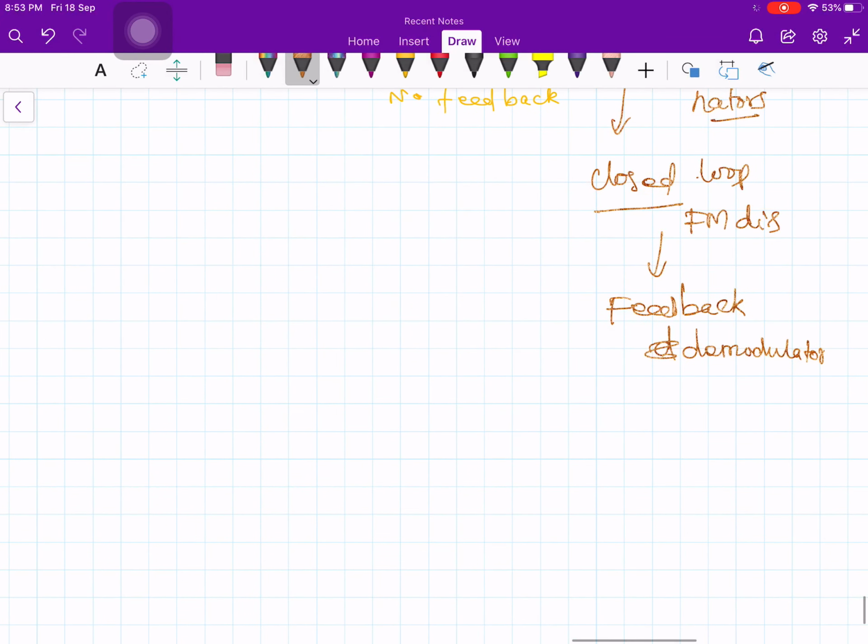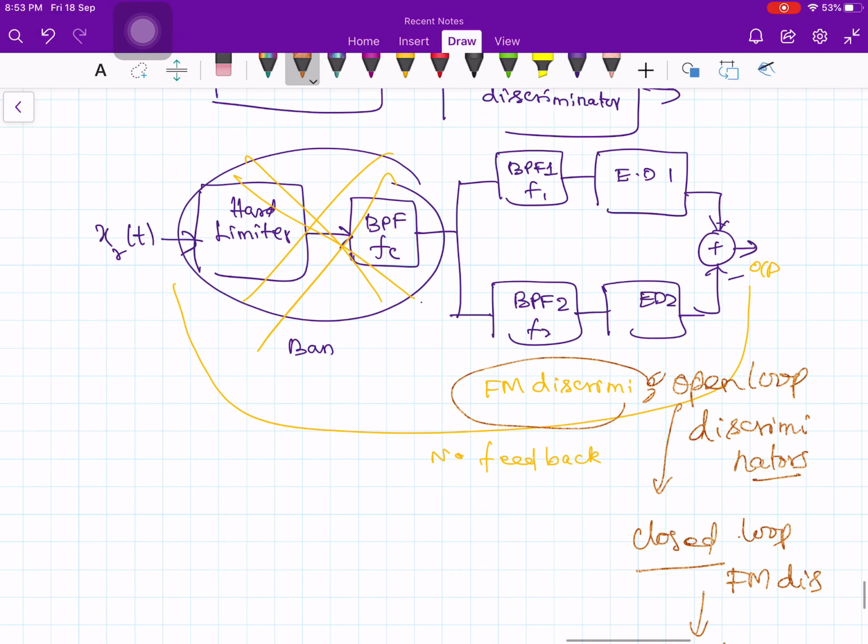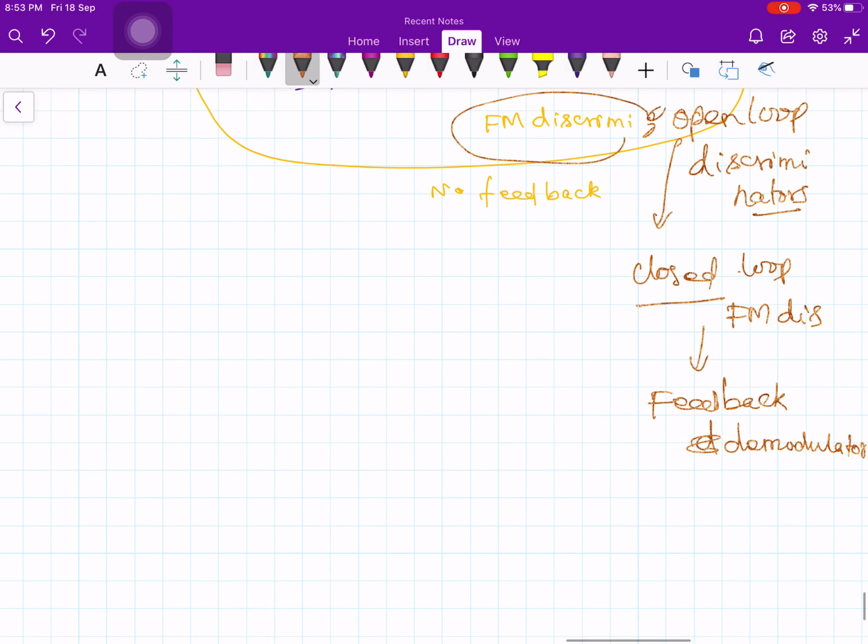So till now whatever we have discussed falls under the category of open loop frequency modulation discriminators, because there is no feedback from the output to the input. In the next class we are going to discuss the closed loop frequency demodulator, that is called feedback demodulators. Okay, let me stop at this point. Thank you very much.